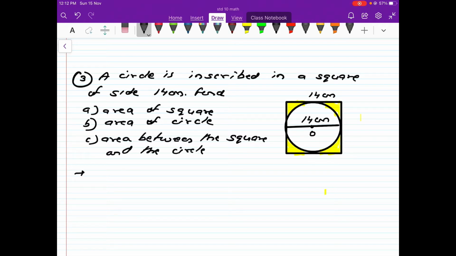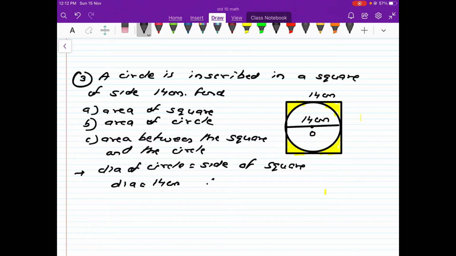We should always remember, when a circle is inscribed inside a square, the diameter of the circle is equal to the side of the square. This is what we had learned. So the diameter of the circle is 14 centimeter. Therefore the radius is 7 centimeter.